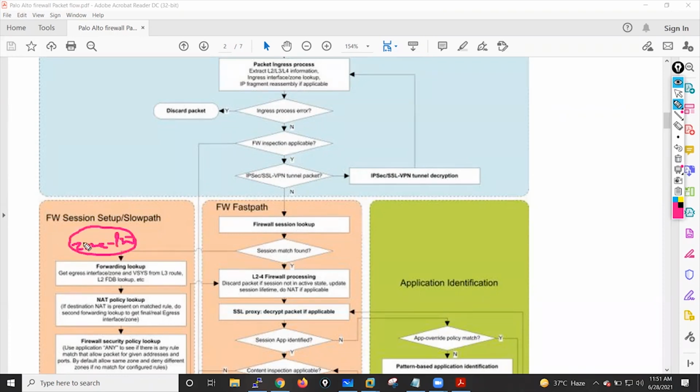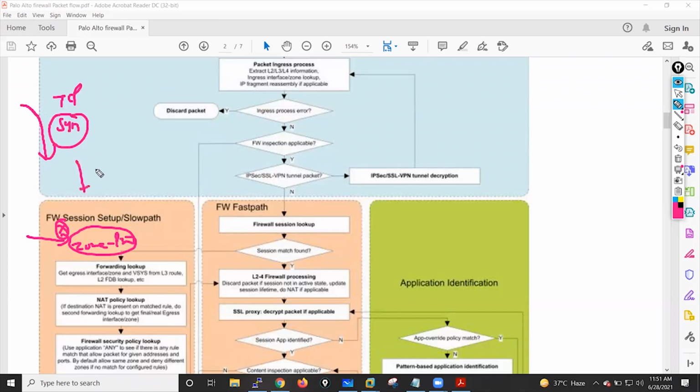So if you have configured your zone protection profile, in that case your packet will be dropped by the zone protection profile. Here you also have to remember, sometime, let's suppose in case of TCP, generally the first packet is a SYN, right?